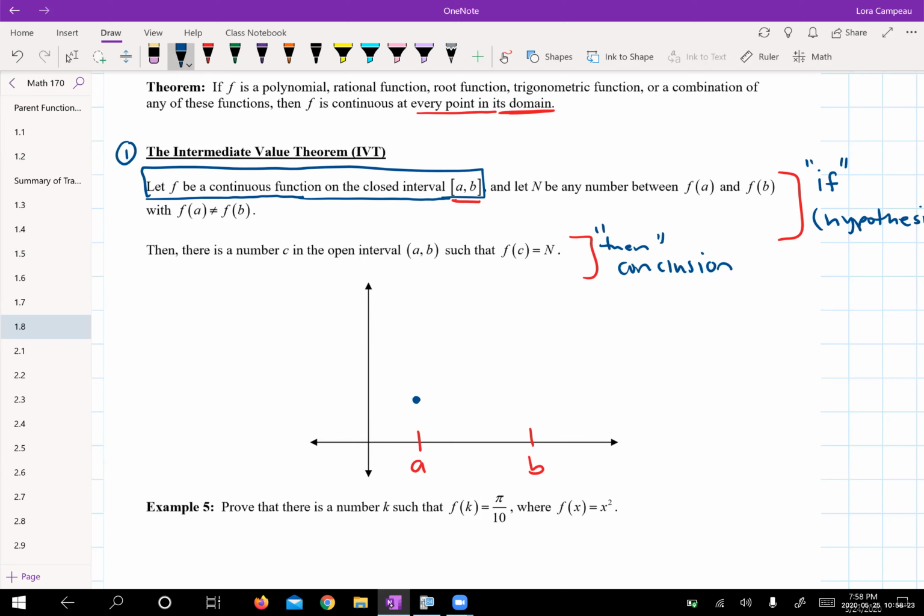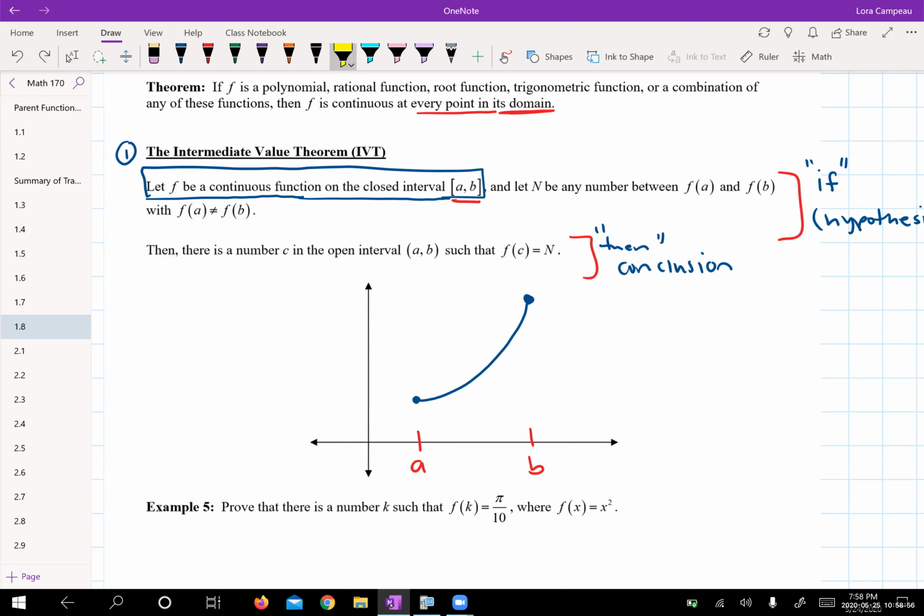We know stuff might happen beyond it, but it doesn't matter what's happening beyond the A and the B. They just want us to look at what's going on between our closed interval, corresponding X values to corresponding Y values. We're only looking at that piece of the function. I'll undo that, I just want to make it cleaner in the picture.